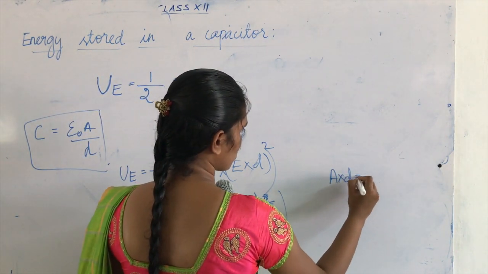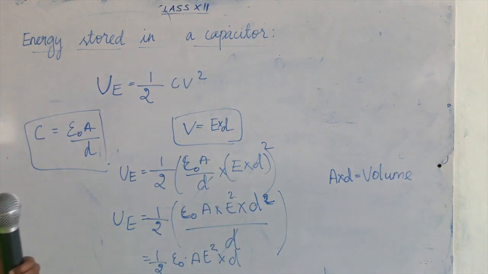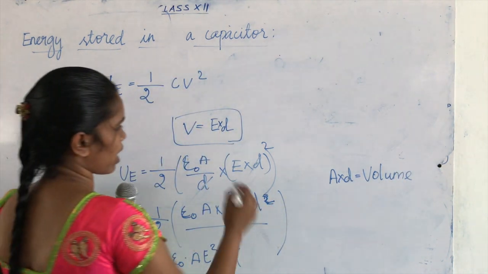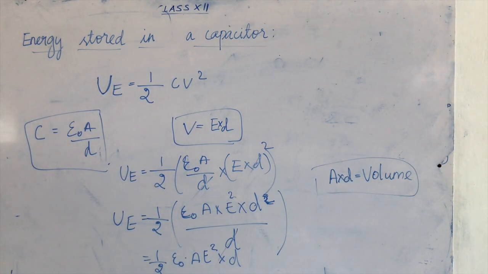Now, A into D is the volume. See in the picture, the distance between the two plates and the full area is the volume. So A into D is the volume.